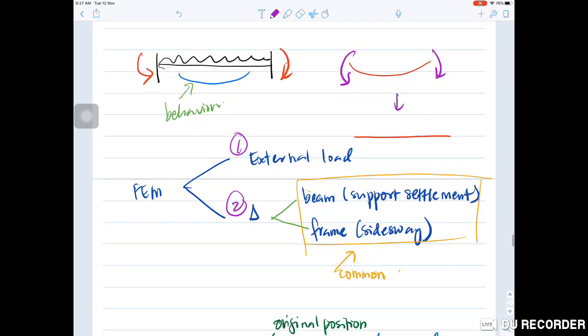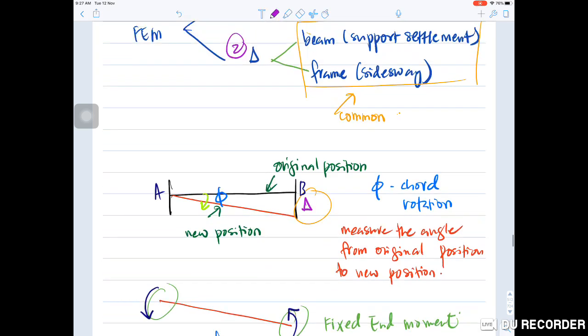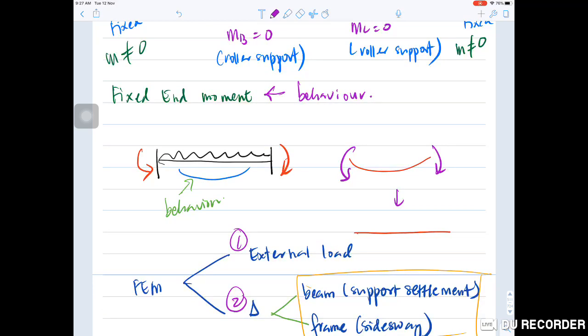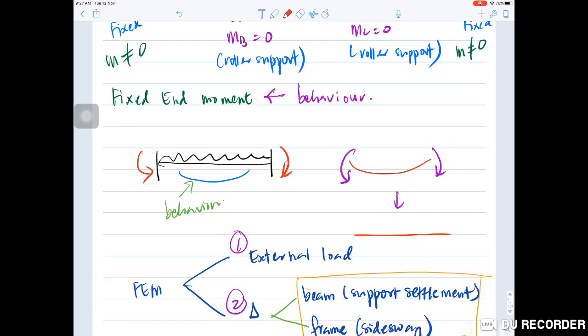Okay, I repeat again on the fixed end moment. Remember that fixed end moment is the behavior. Okay, let's say the fixed ended beam has loaded with UDL. The beam will bend due to the external loading, and fixed end moment will push both ends to straight position.